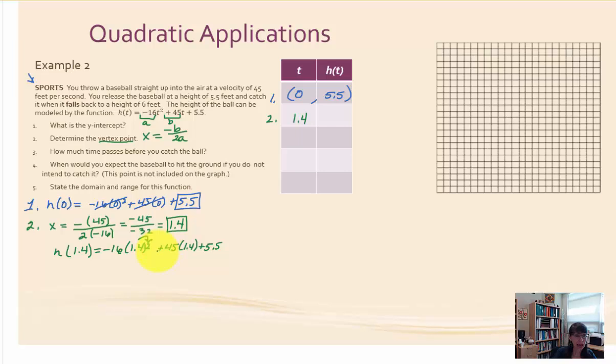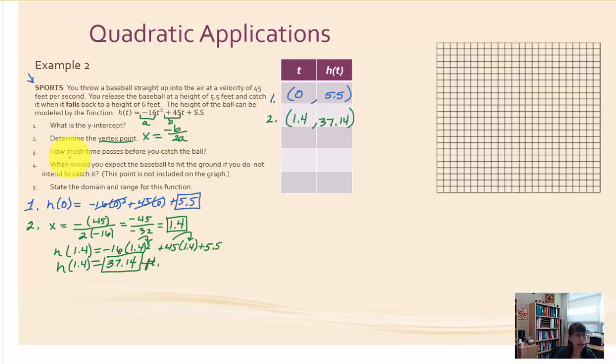Then you're going to add 45 times 1.4. And last, add 5.5. Our output here is going to be 37.14. So when the input value of 1.4 seconds is used, an output value of 37.14 feet is the output. So here's another ordered pair we've generated.